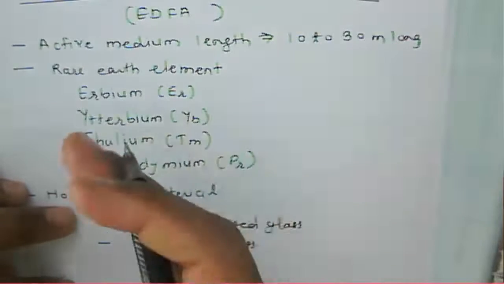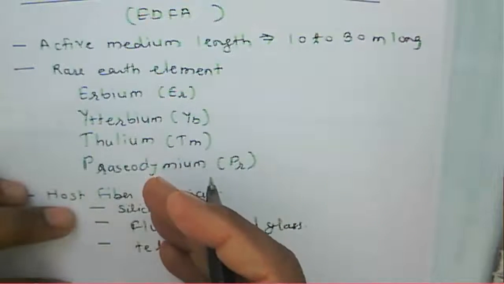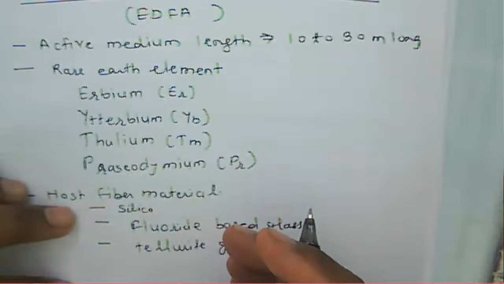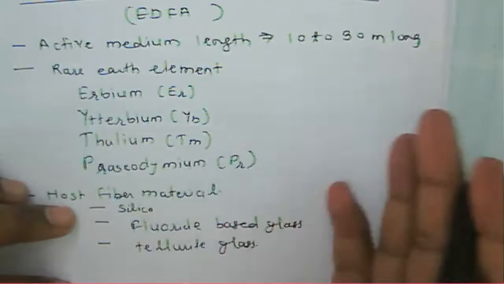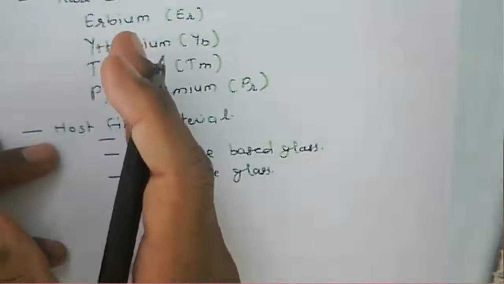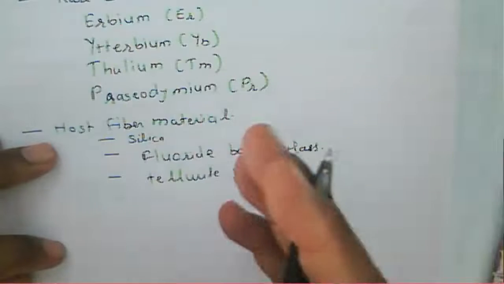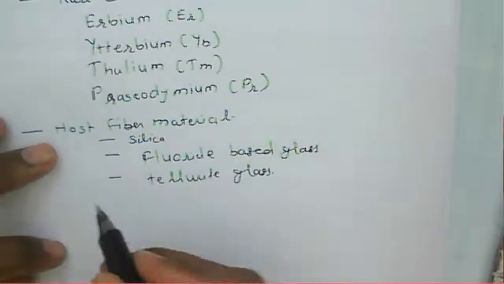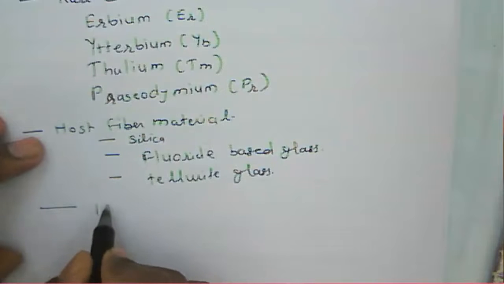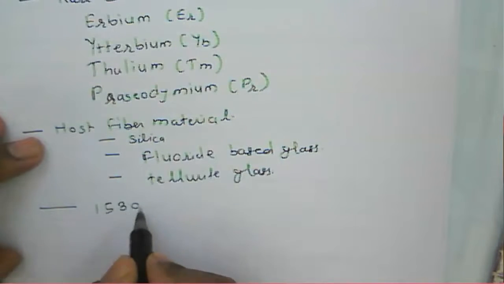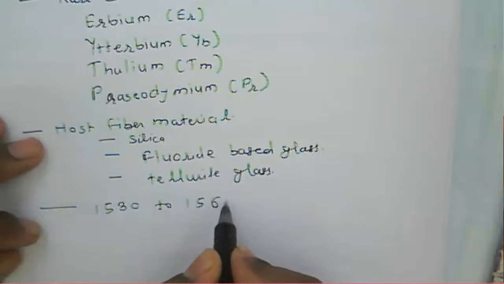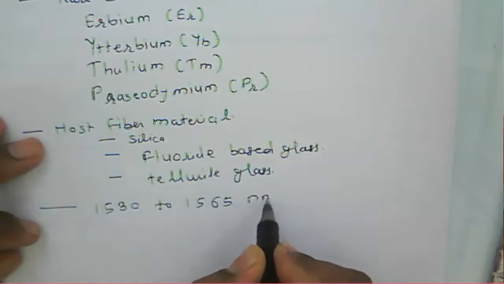But if you compare a semiconductor optical amplifier and this erbium doped fiber amplifier, the semiconductor optical amplifier can be useful from the narrow band to the ultra band. In the case of the erbium doped optical amplifier, it operates from the 1530 to 1565 nanometer region.